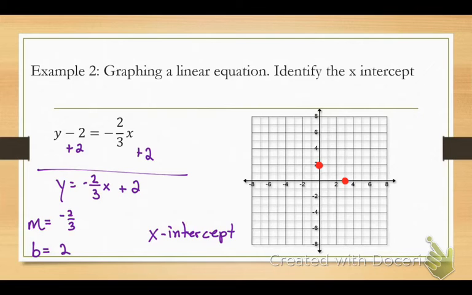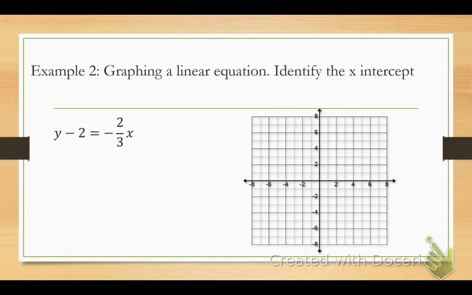This one is similar because the point actually is on the x-axis. That doesn't always happen, guys. Sometimes you have to keep drawing the line to see where it's going to cross the x-axis. X-intercept is 3. If you don't tell me the x-intercept, even if your graph is right, you're going to miss a couple points.